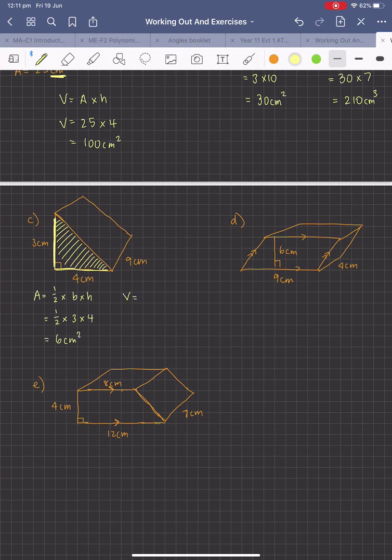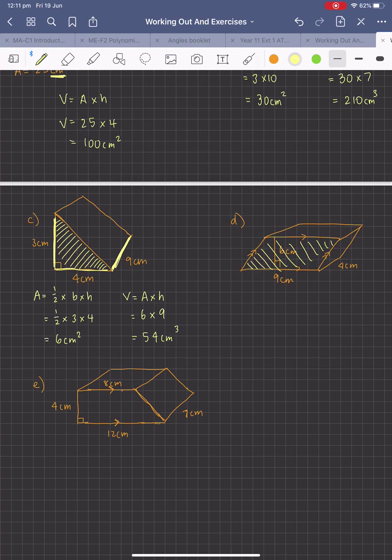Now to find the volume, I need to take that area and multiply by how many layers there are. There are 9 layers, so it's area times the height. So it'll be 6 times 9, which will be 54 centimeters cubed. Okay, for question D, we need to find the area of this face here.